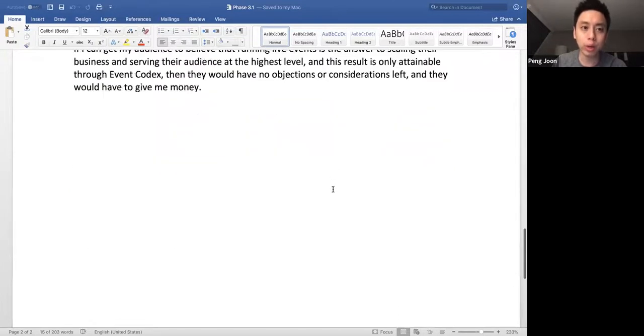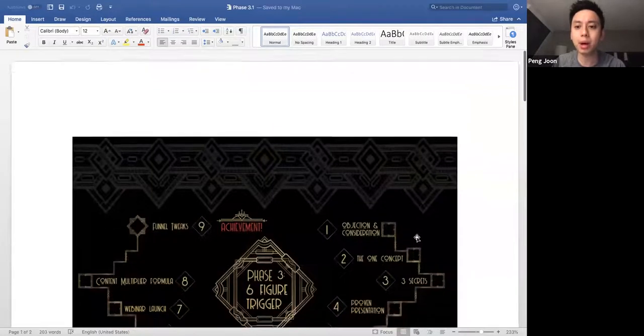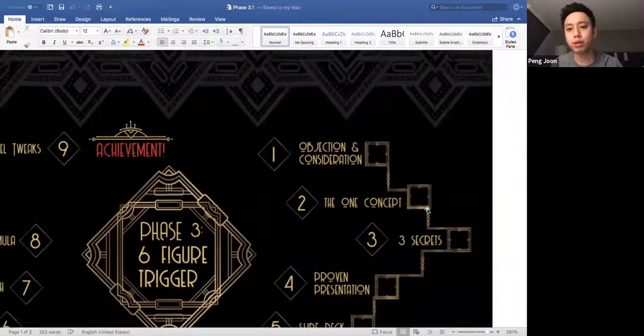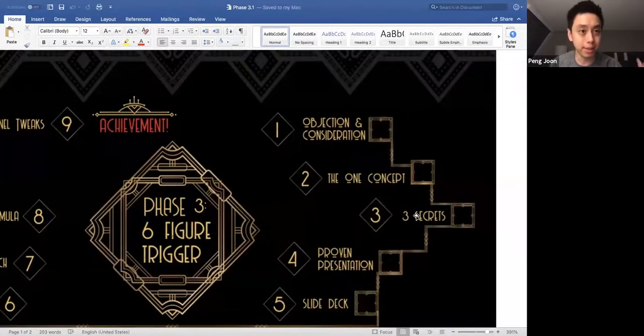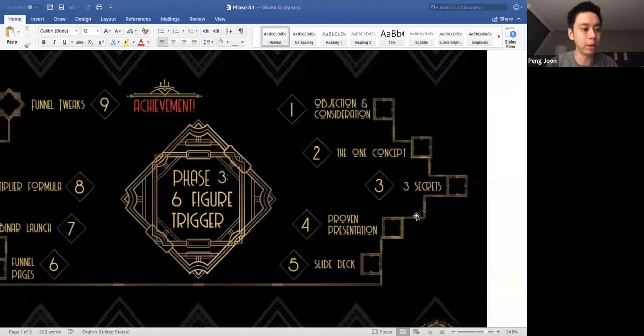So today we are going to build upon and expand upon this one concept by thinking about how, in order to get people to invest in whatever it is we have to offer, we obviously have to give them content. We obviously have to teach them something. For the last couple of years, I've always only taught 3 things.